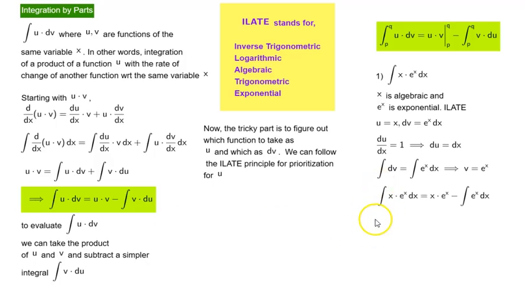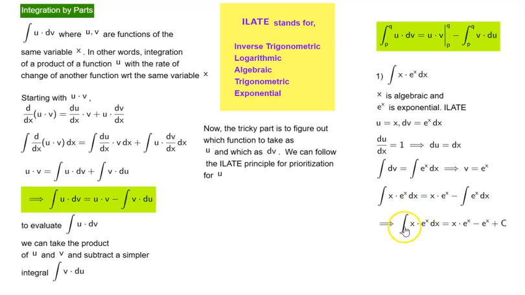So our integral of x times e to the power of x dx is equal to, we apply the formula, u times v. u is x and v is e to the power of x, minus the integral of v du. So v is e to the power of x and du is equal to dx.